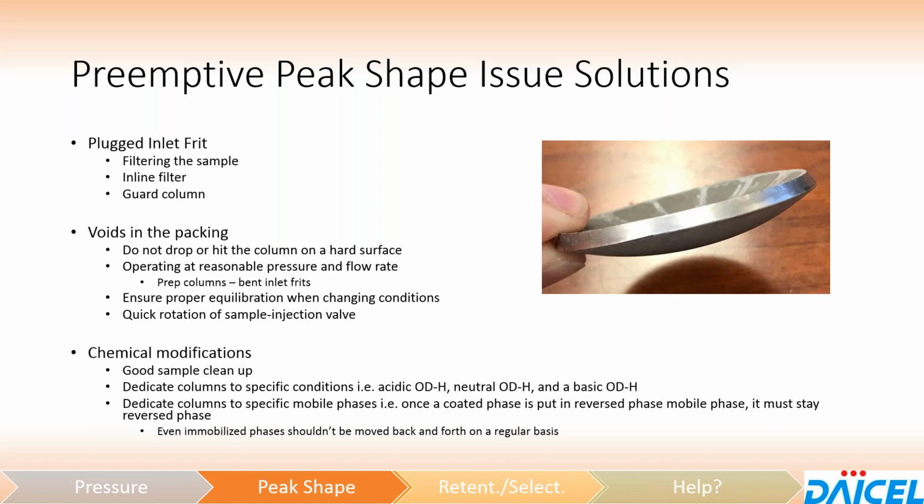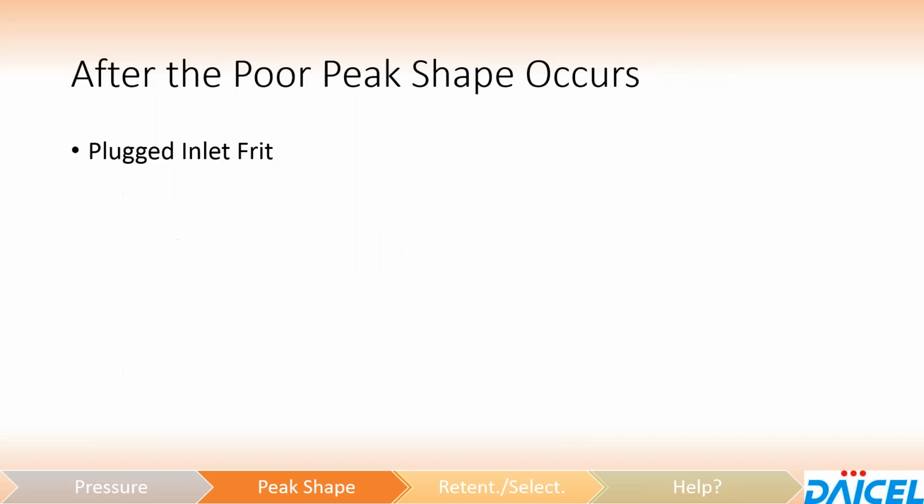However, even with those, we recommend that you dedicate a set just for reversed phase, just a set for normal phase, because moving them back and forth too often can end up leading to shortened column life. So whatever you can do to protect your investment is a good thing. It's a little bit more upfront cost, but long term, you're probably going to save yourself in the end.